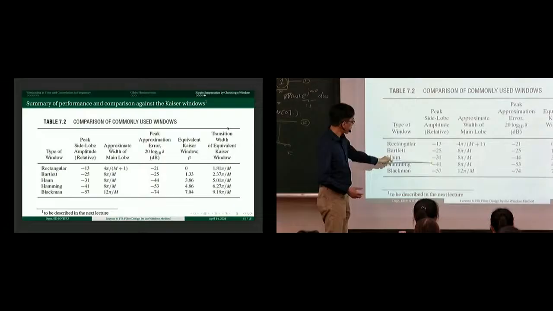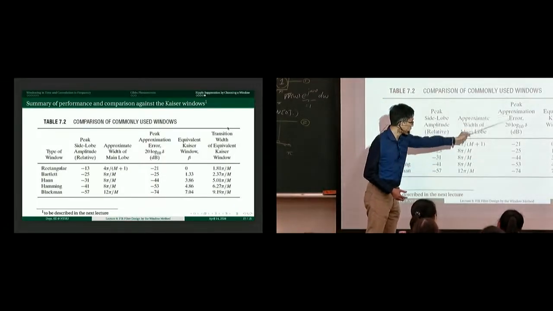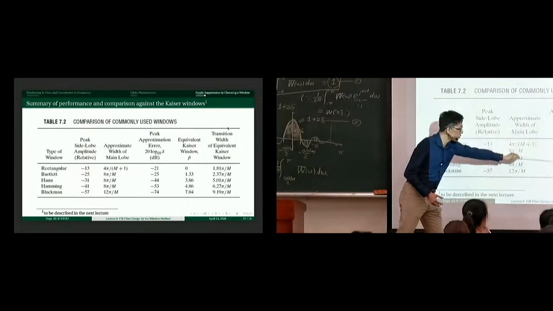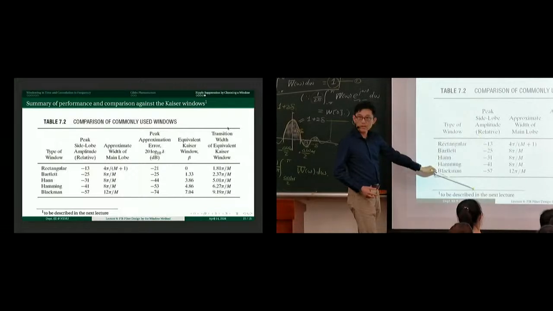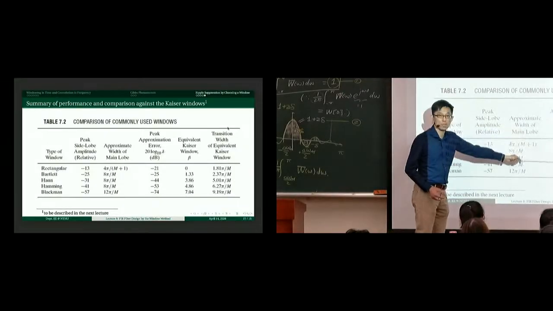When we further suppress the side lobe, the approximation error gets even better and better. So these two columns are highly correlated, in exactly the same order. When we suppress the side lobe height, we improve the peak approximation error.